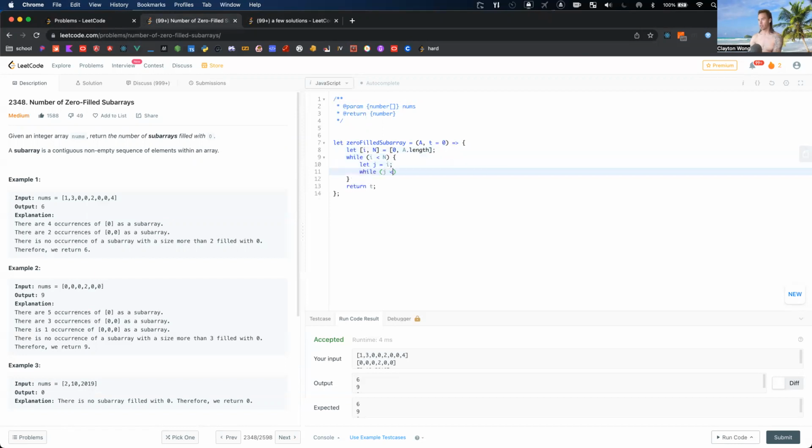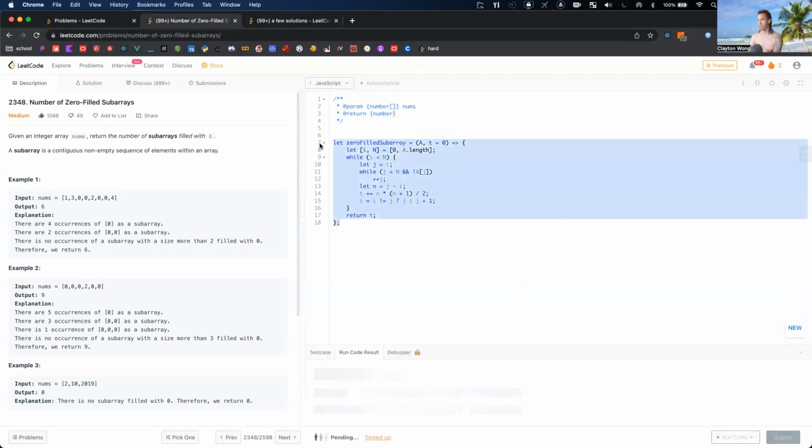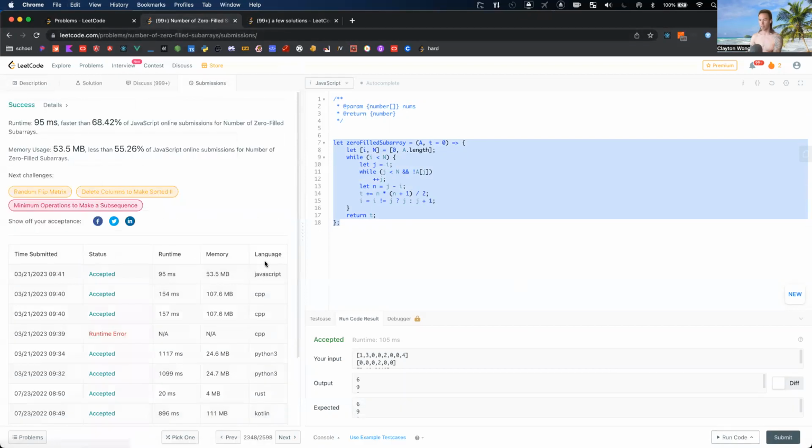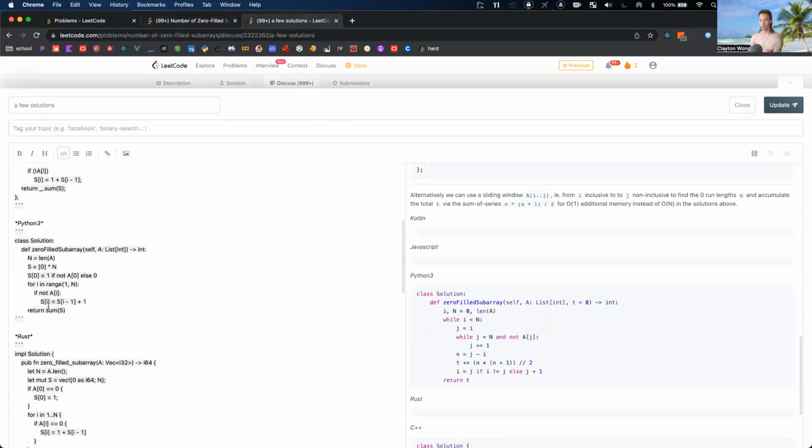While j is less than n and a sub j is 0, increment j. n is j minus i, j non-inclusive, i inclusive. t plus equals n times n plus 1 divided by 2. And then i equals j if i does not equal j, otherwise j plus 1. Okie dokie. Looks good. It's cool.